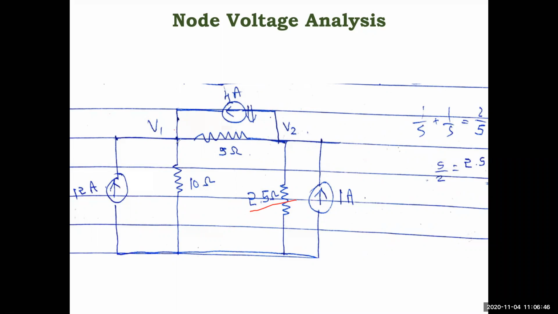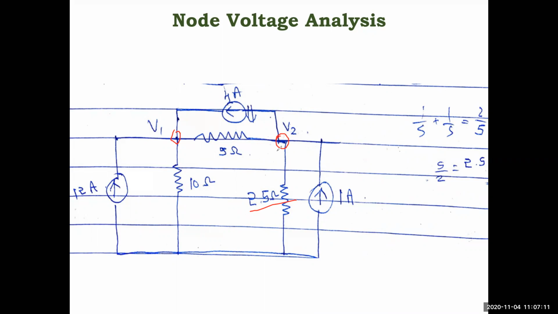Now you have the two node voltages V1 and V2. So now you have to apply KCL to write the node equations. You can directly write the general equation. For node 1, what are the resistances connected? 5 ohm and 10 ohm. So you can write straight away (1 by 5 plus 1 by 10) into V1 minus, with respect to V1 and V2, 5 ohm is there, so minus 1 by 5 V2.